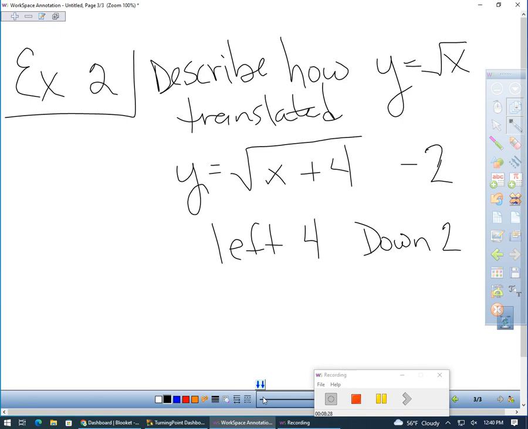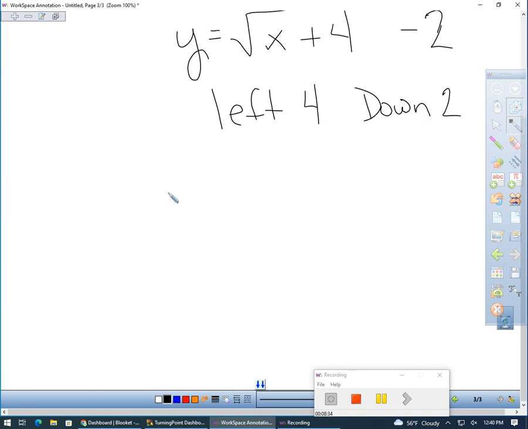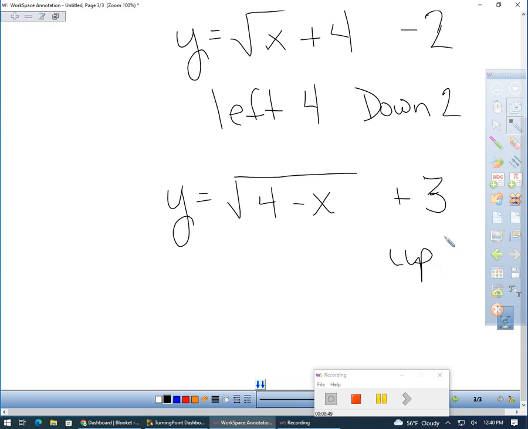Okay. What if I had, I'm going to just change this up on you a little bit. What if I had y equals the square root of (4 minus x) plus 3? Okay, we have up 3. I agree with that part. Right 4. Okay. Good. And it does flip over y.